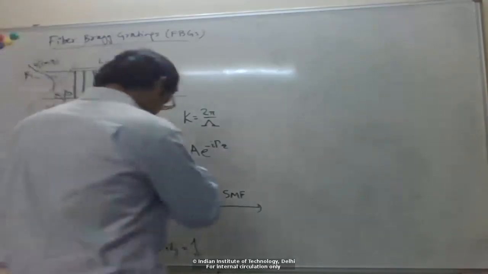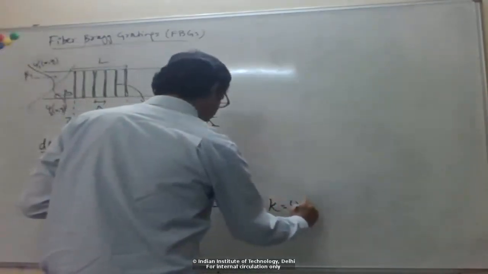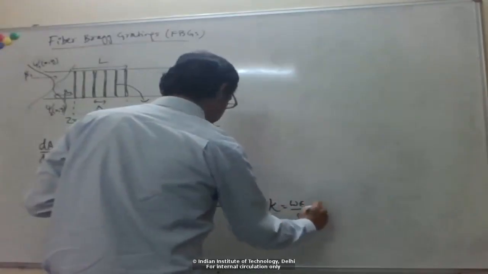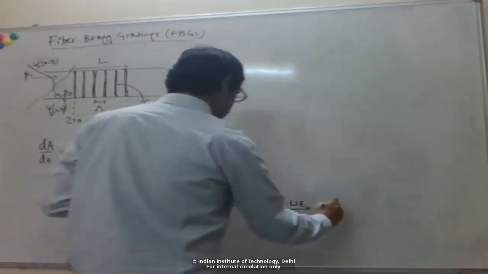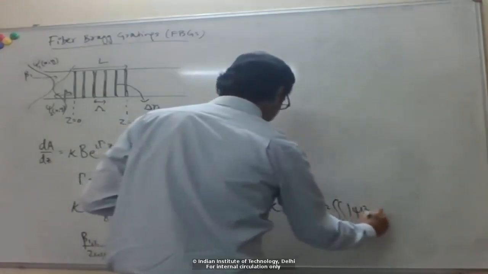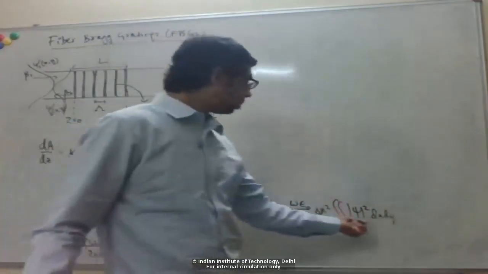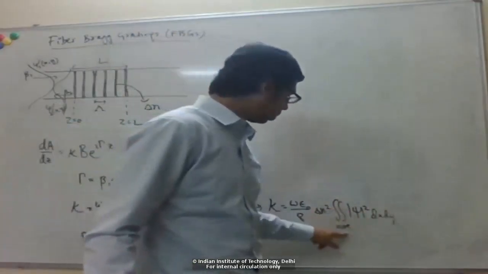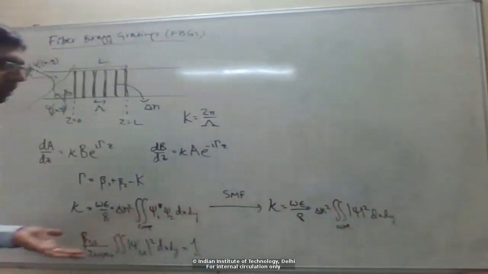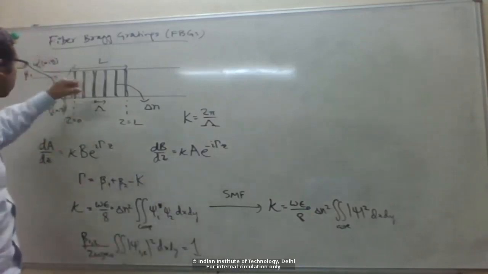In that case, this coupling coefficient is now just given by the confinement factor of the mode. This is basically the integral of mod psi squared within the core. So that's just the confinement factor: the percentage of the power within the core region.